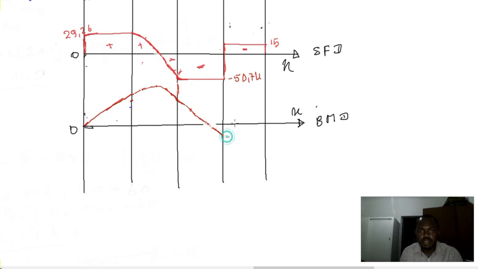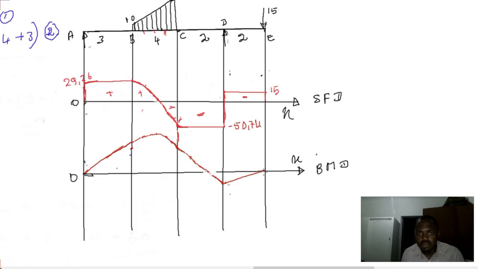So from here the bending moment goes back to 0. So this is the bending moment already drawn, with plus and minus signs as shown.